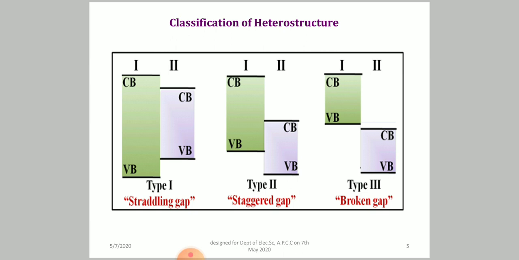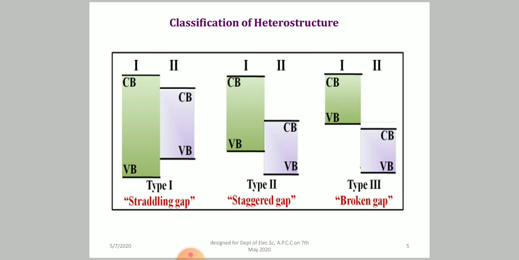Now I am going to type 2. Look here, the lower band gap semiconductor is partially covered by the upper band gap semiconductor. That means you will get again delta EC and delta EV, but there is a difference.